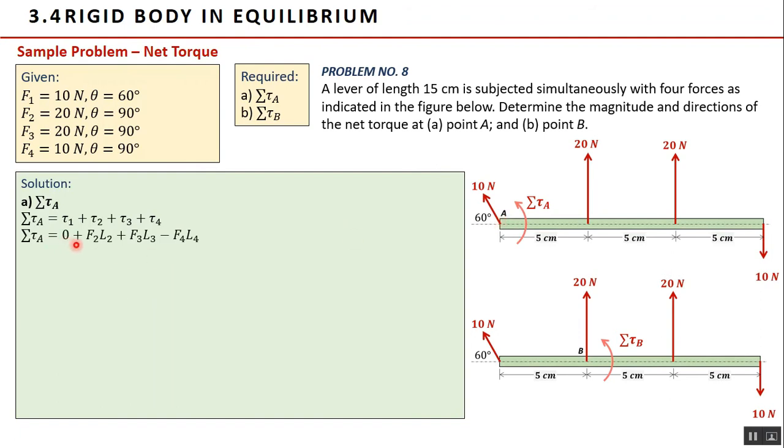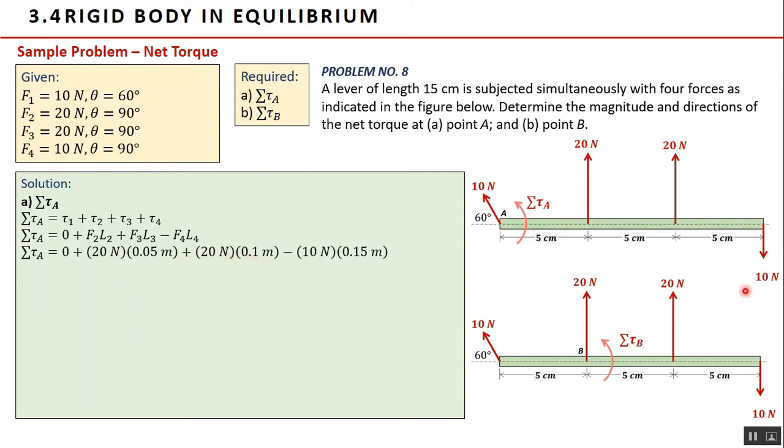The torque produced by F2 is positive since it tends to rotate the lever counterclockwise, which is 20 newtons times its lever arm from point A, 0.05 meter. Then, the torque produced by F3 is also positive, since it tends to rotate the lever counterclockwise. So 20 newtons times 0.1 meter.